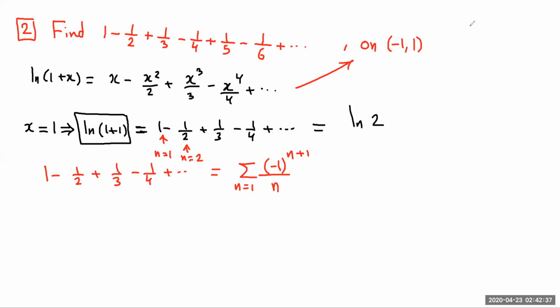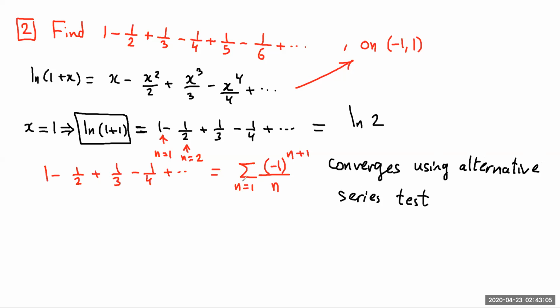So now this series converges using the alternating series test. Why?